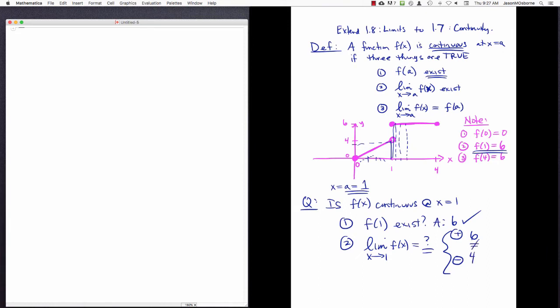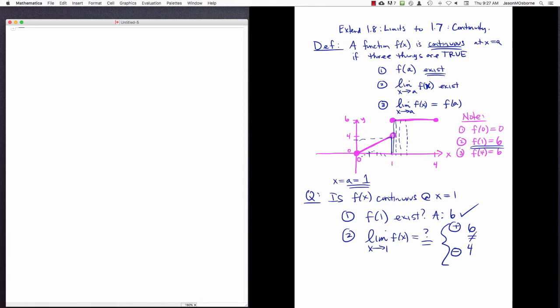And those are not equal to each other. So the limit does not exist here. So the answer to the full question is that no, this function is not continuous at x equal to 1. So there's a non-example, we call it. Let's look at another example.